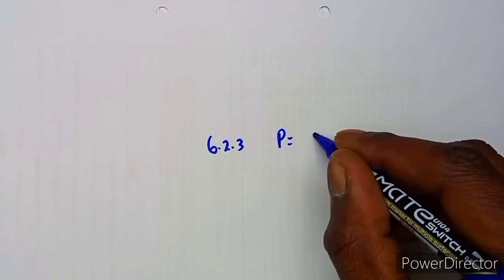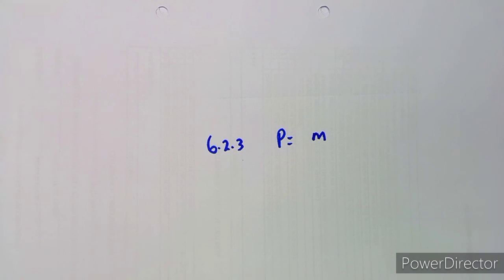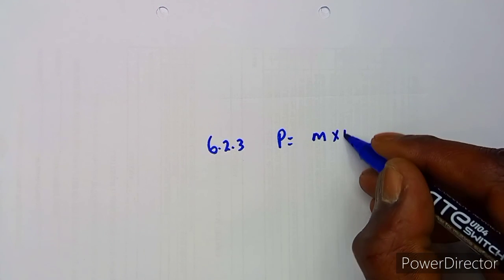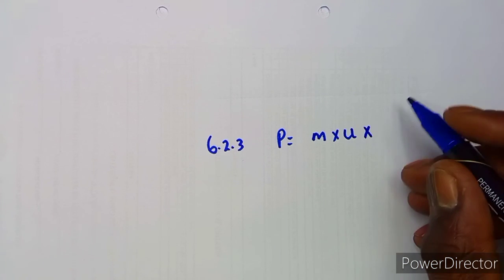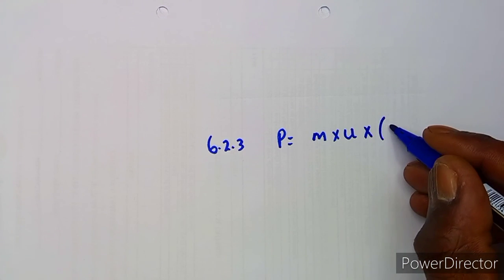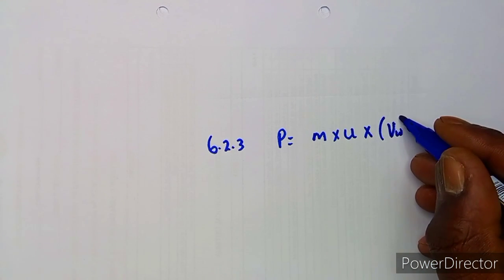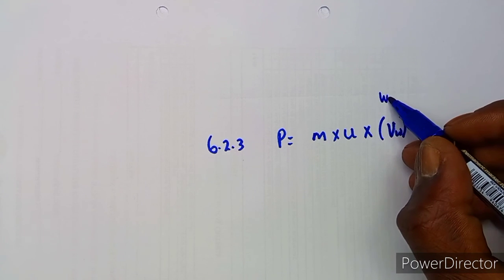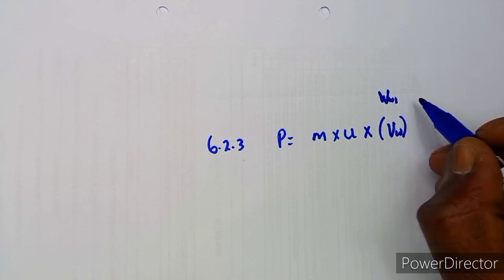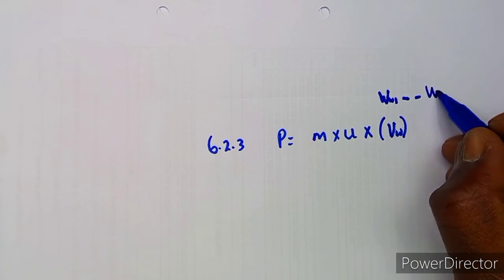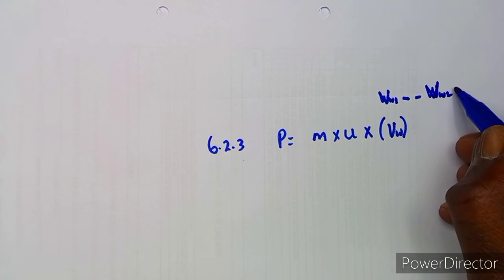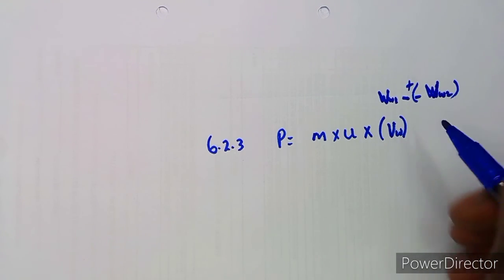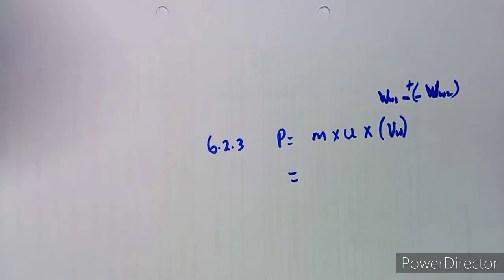So our power is going to be mass, and this mass must be per second, which is the one that we had is already per second, times the blade velocity, which is u, times VW. Actually, it was supposed to be VW1 minus VW2, which is like a plus, so it's going to add. Our mass was 2 kgs here.